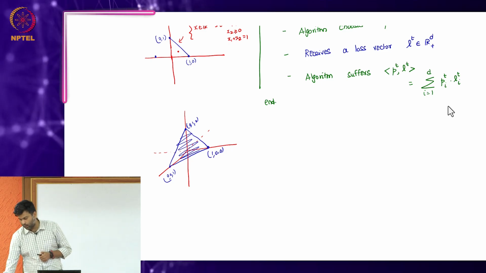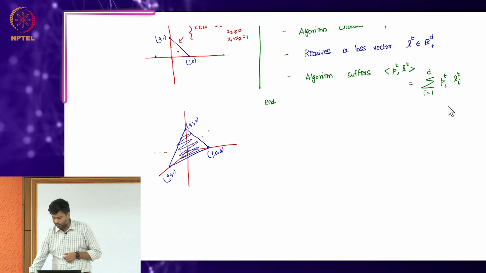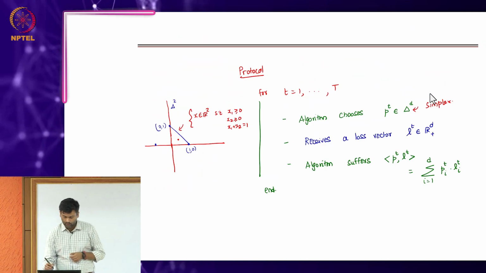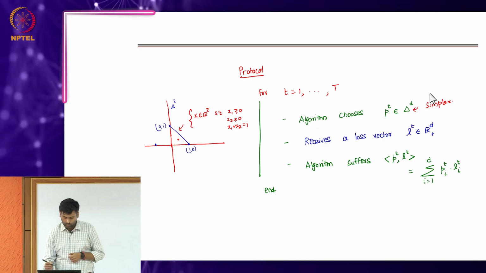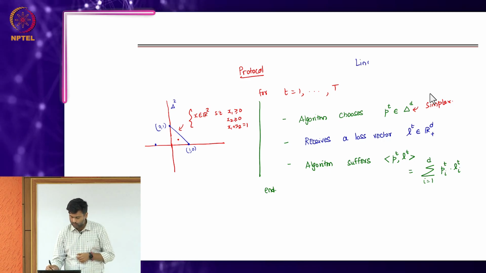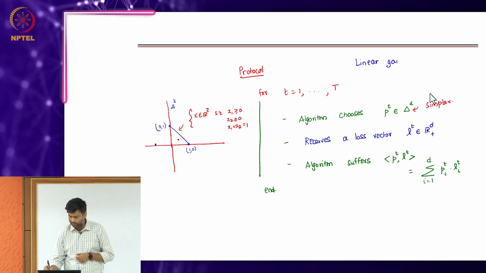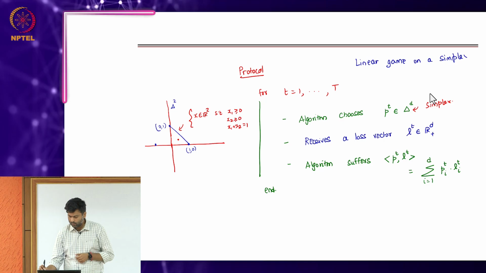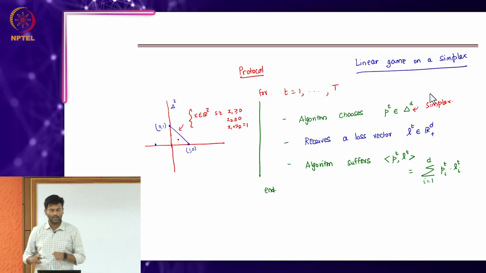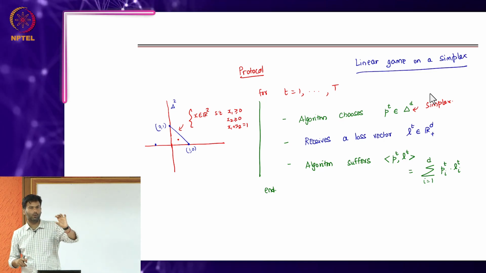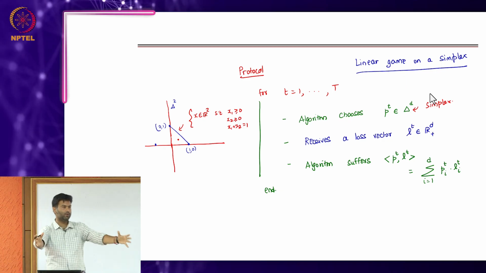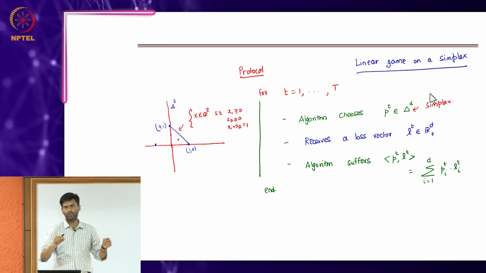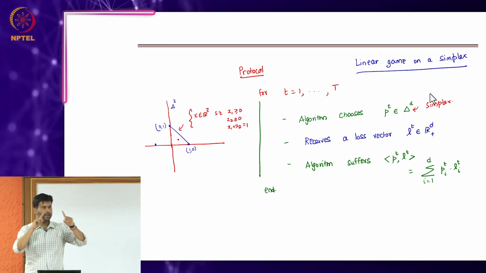So basically what we are saying in this particular problem, and then we will connect it to the stock market problem in a bit, is the following. What we have is called a linear game on a simplex. At every round the algorithm is given this whole simplex. It has to pick some point from this simplex. It is a d-dimensional simplex.